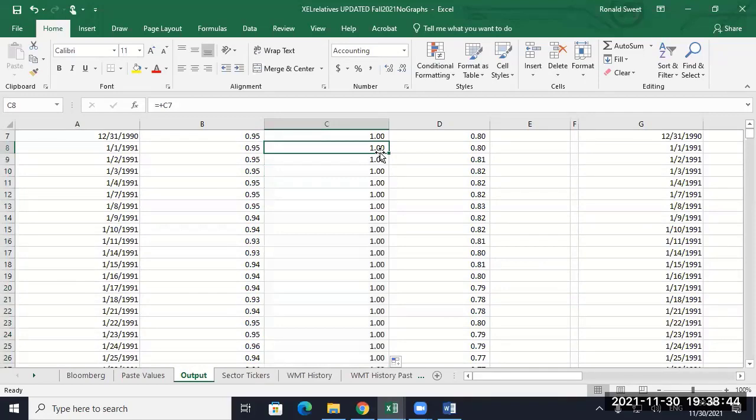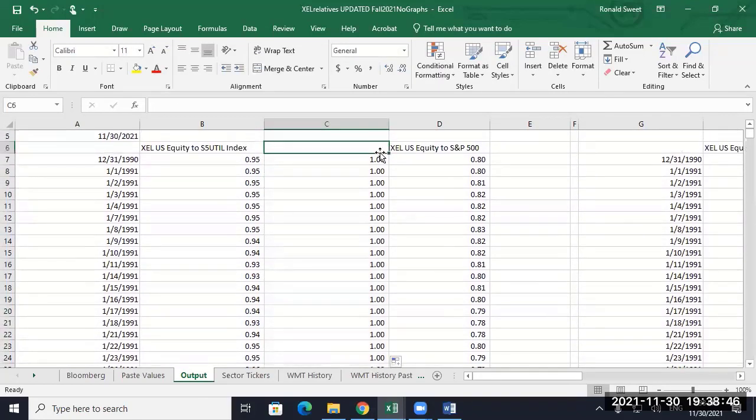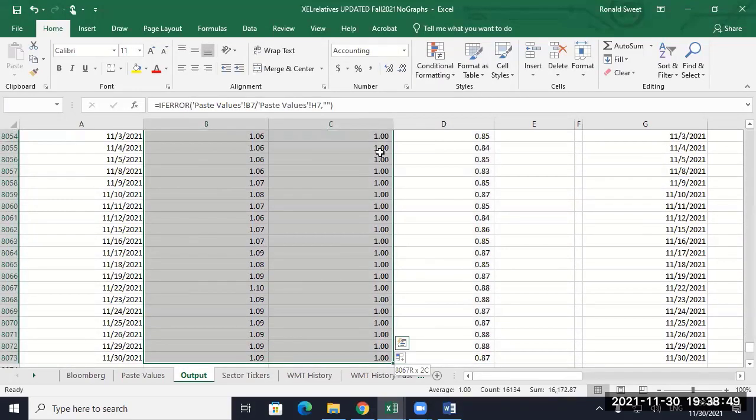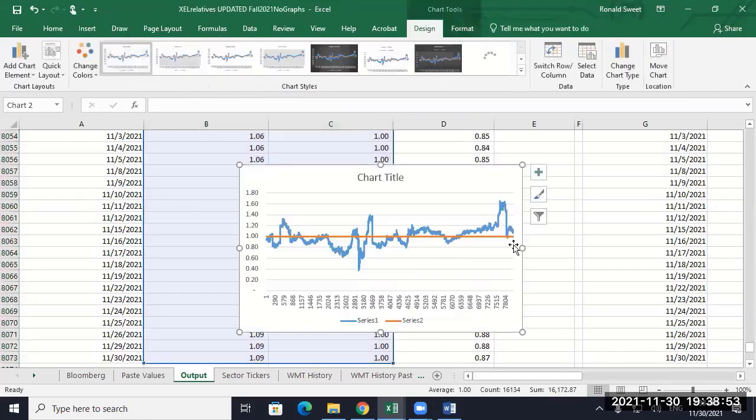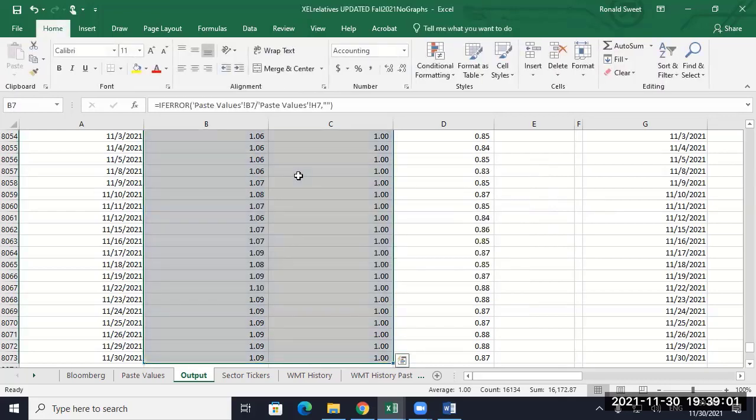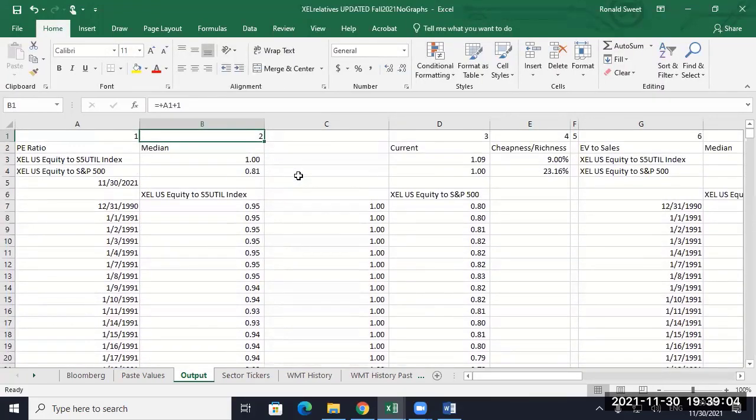They're right in line with the industry. It looks like it's, well, not quite one, but it's right in line with the industry. So you can certainly add charts to just show that they're slightly rich, but not materially so. They're essentially in line. Make sure you put your dates down here. So you can change these charts up, but you have what you need to build a depth analysis.